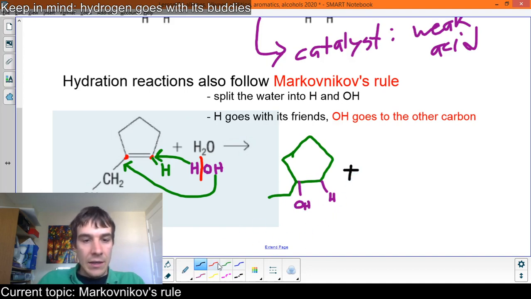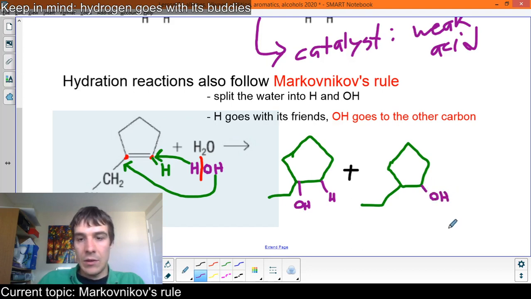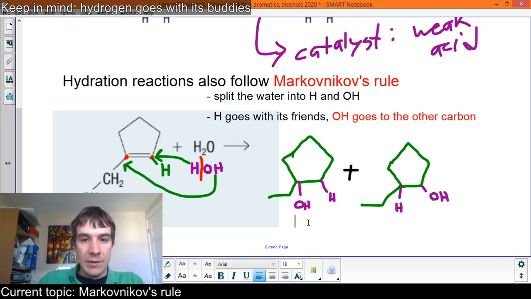And the minor product is going to be similar, except now the OH is going to be on this side. And the H would have gone over here. Right, so this is the major, and that's the minor.